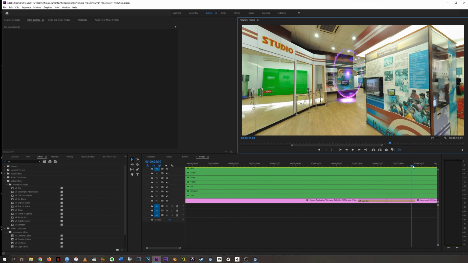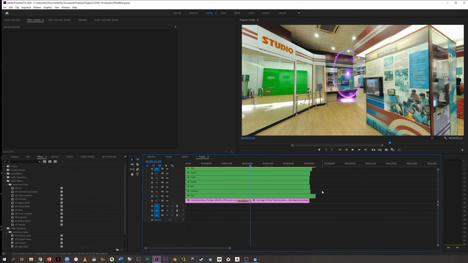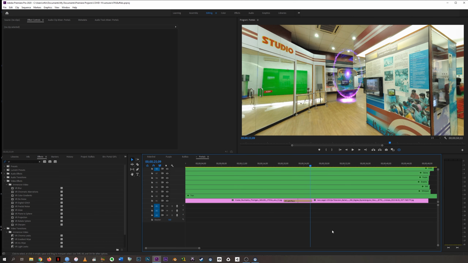Now, another tool that I showed you in physical, meet face-to-face class, but that you might not have used in a while, and I want to remind you exists, is VR rotate sphere, which sounds a little like plane to sphere, but it does something rather different.